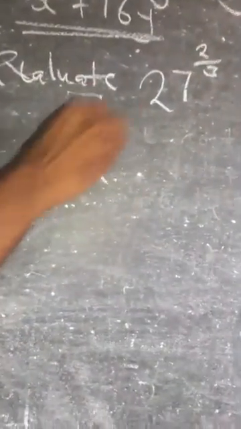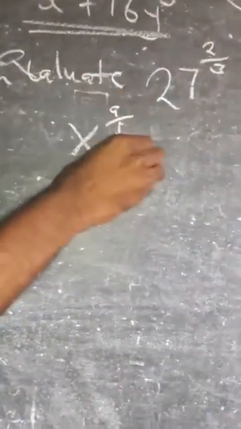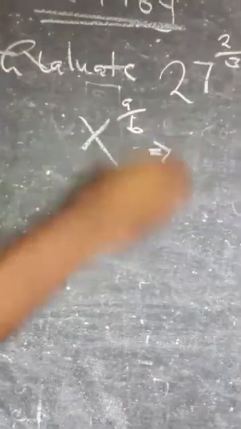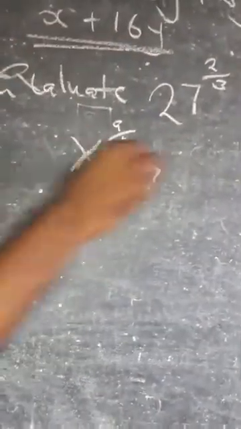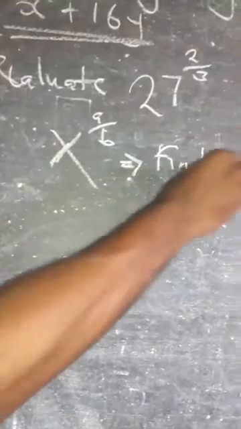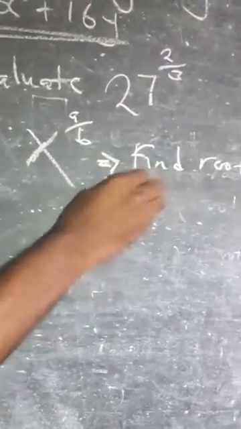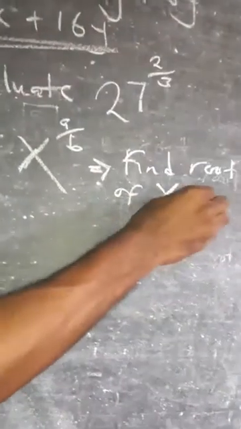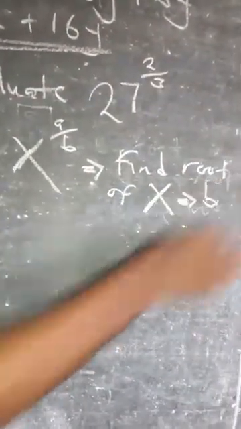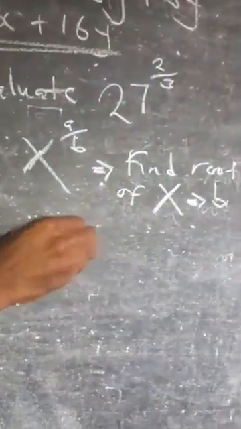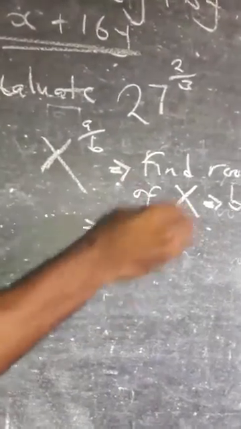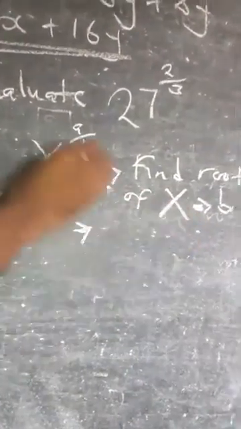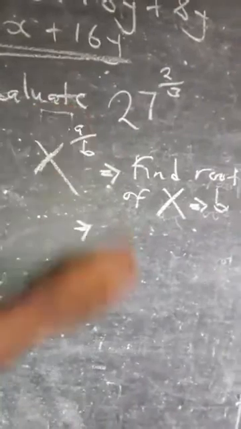If you have x to the power a over b, you first find the root of this, which has got all to do with the b. Then afterwards, it will be the answer of this to the power a.